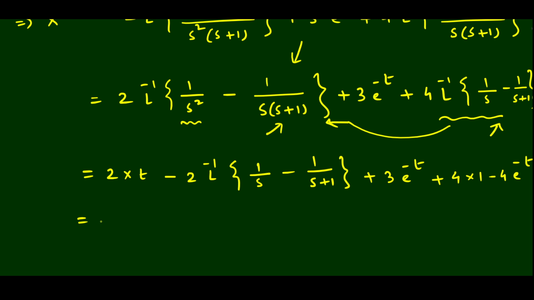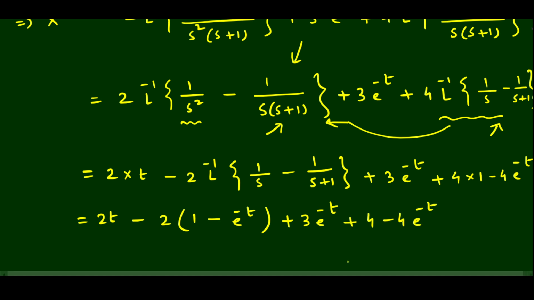So we will get twice t, then minus 2 into, the inverse of 1 by s is 1, and of 1 by s plus 1 is e to the power minus t. So 3 e to the power minus t plus 4 minus 4 into e to the power minus t. There are e to the power minus t terms and some constants, so let us simplify them.